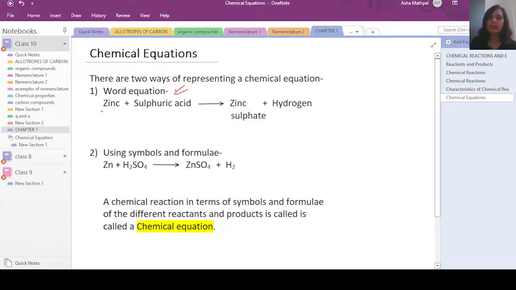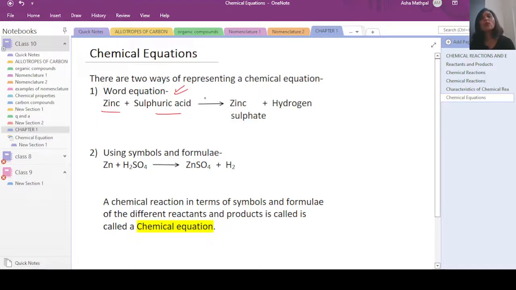Like zinc reacts with sulfuric acid, so we write zinc, add the plus symbol, meaning it is mixing or combining, sulfuric acid, the whole name written. It gives us zinc sulfate plus hydrogen. So we have written it completely in words. The arrow shows that a product is formed, and we have also put the plus sign, the addition sign.